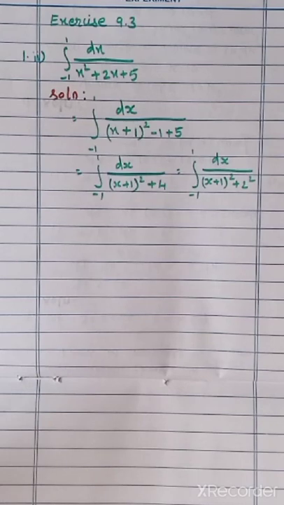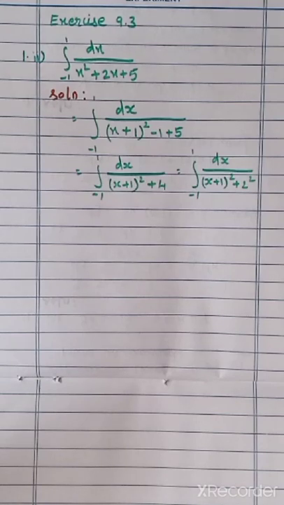dx by x square plus a square. Now refer the table and tell me what is the formula. dx by x square plus a square. Yes, the formula is 1 by a of tan inverse of x by a.